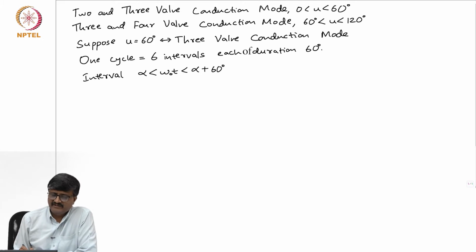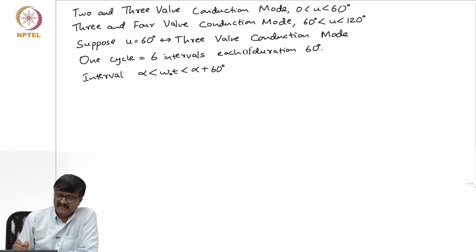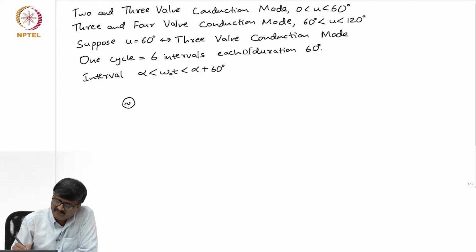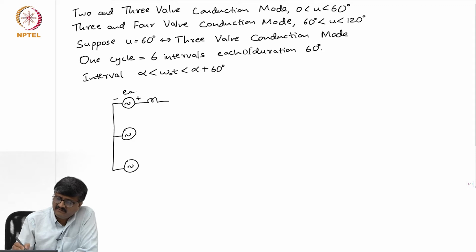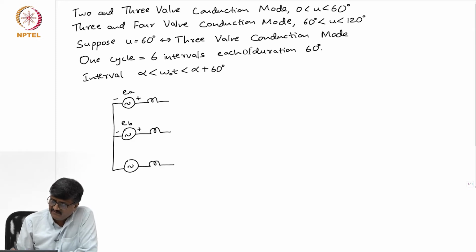Let me show the equivalent circuit which contains only those elements which carry non-zero current. I have an equivalent circuit with 3 voltage sources, EA, EB, EC.